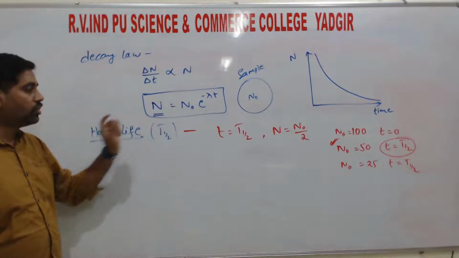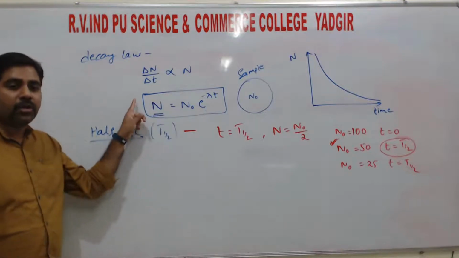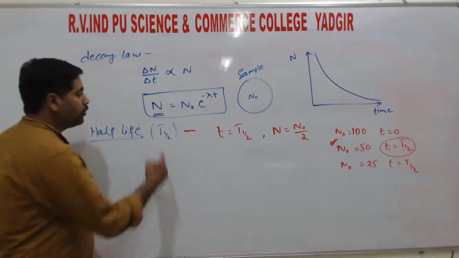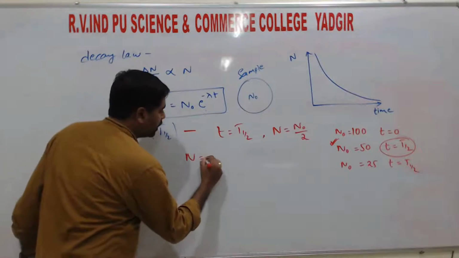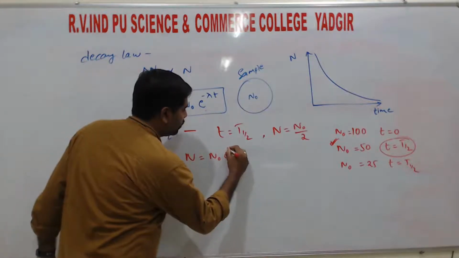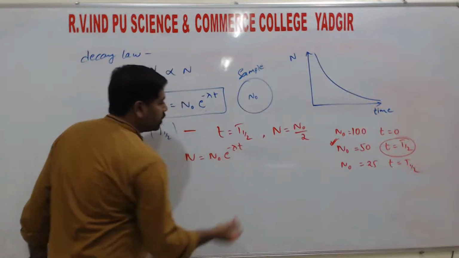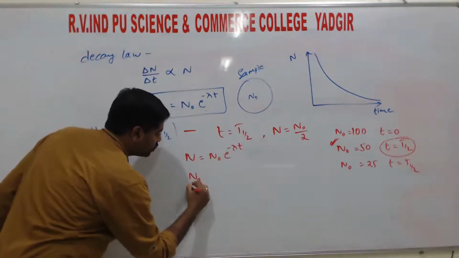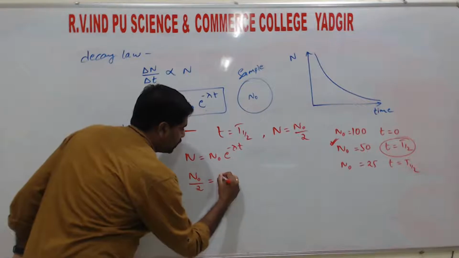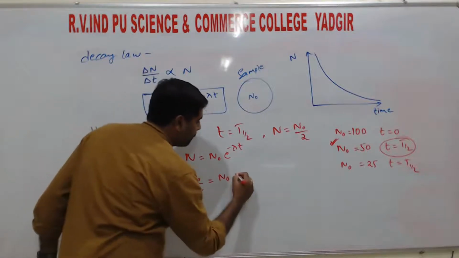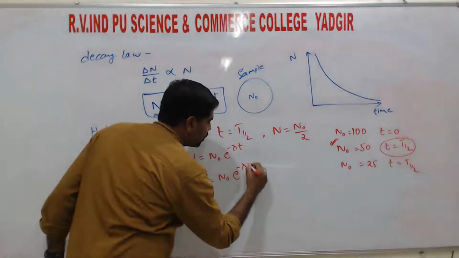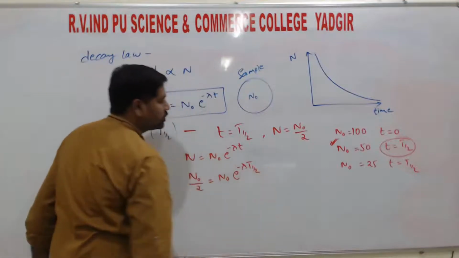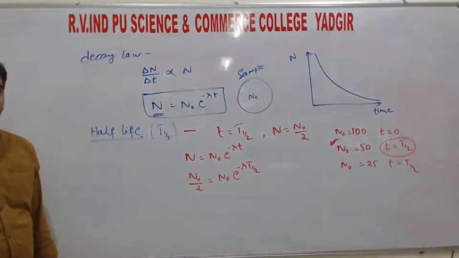Now if we substitute into the radioactive decay law, N is equal to N0 e to the power of minus lambda t. Substituting N equal to N0 by 2, we get N0 by 2 equals N0 e to the power of minus lambda T half.